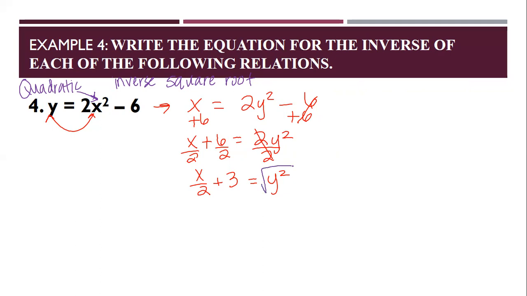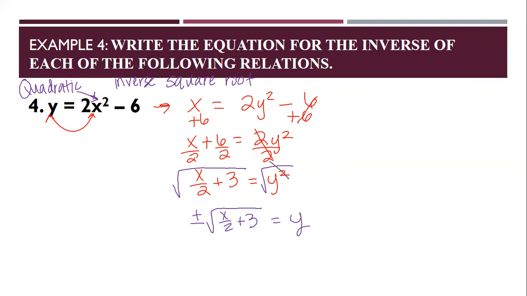The square root. So in order to get rid of the 2, I'm going to take the square root. And what I do to one side, I have to do to the other side. When you take the square root of a function or a number in general, it's going to create a positive and negative solution. So we put that plus or minus in front. And our y is free.